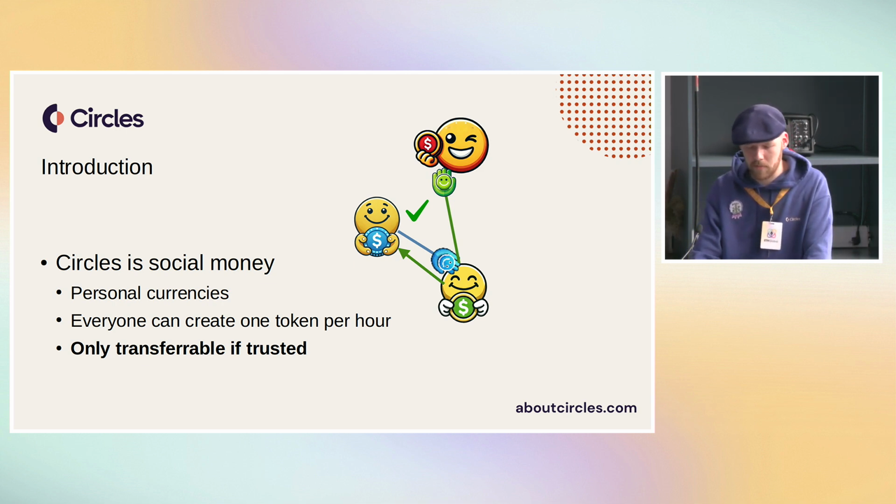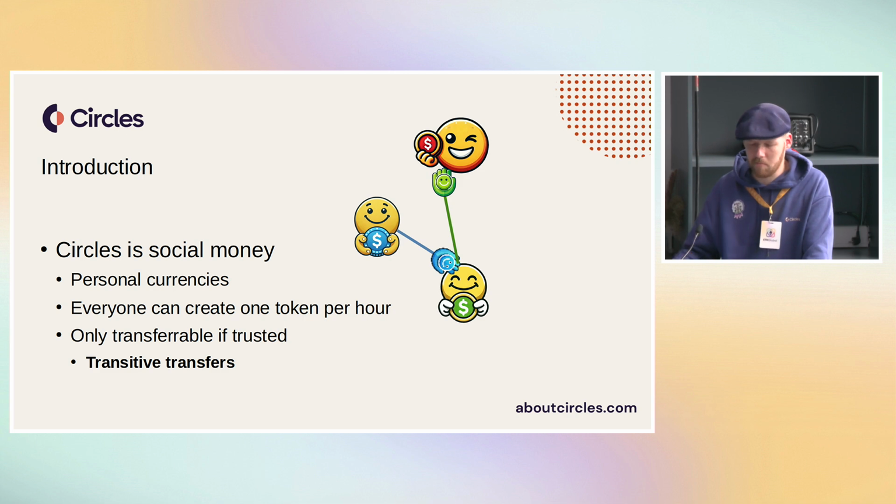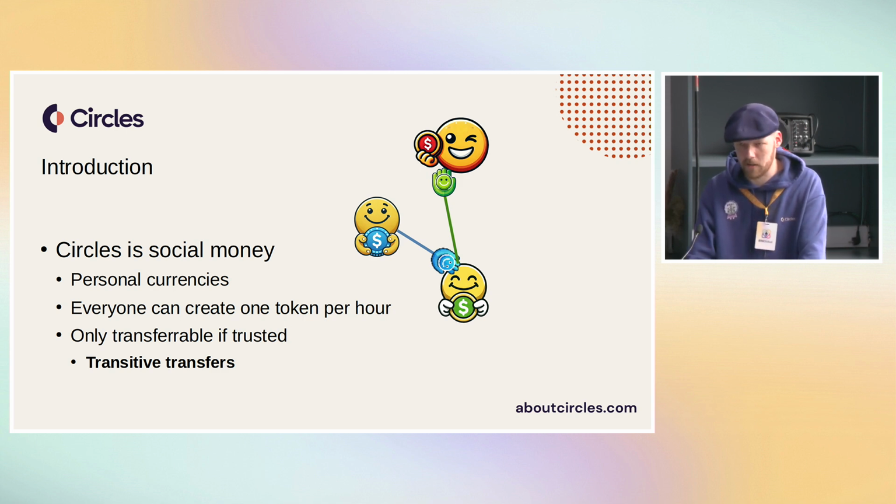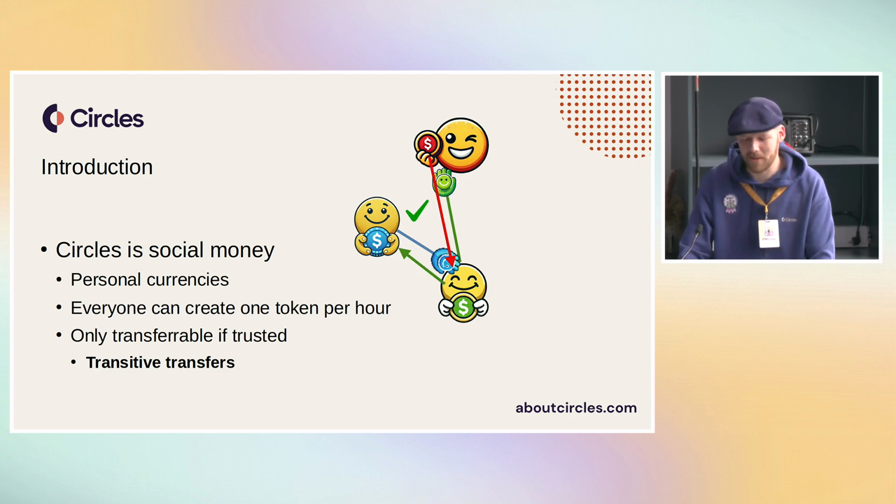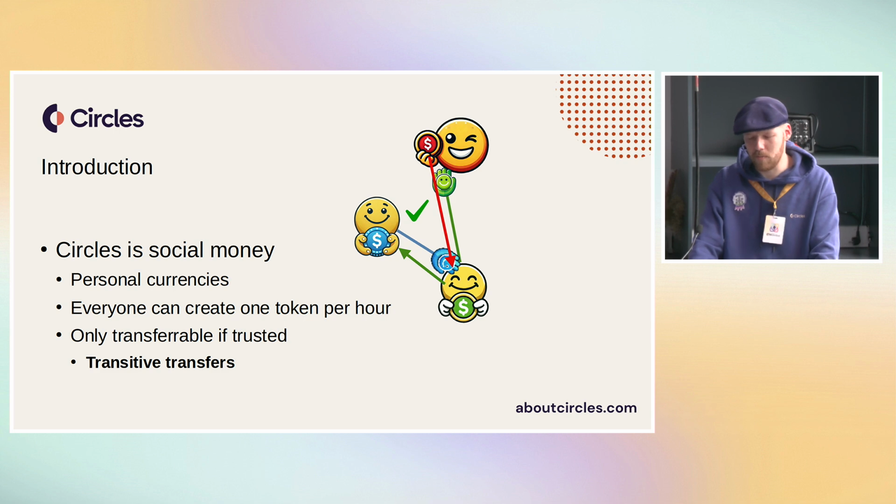So what happens if you want to transfer your tokens to someone who doesn't trust you? This is also possible via a so-called transitive transfer. In this case, I think we want to send from red to blue. So the first step would be red wants to send to blue, but blue doesn't accept red's tokens.